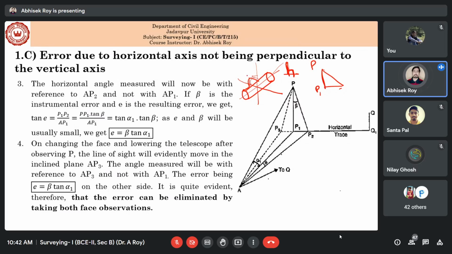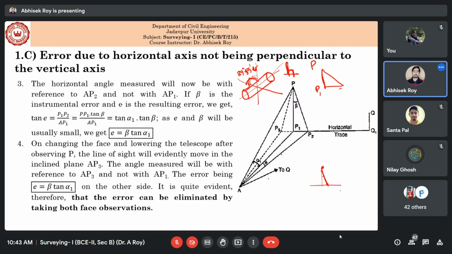But if this angle is not 90 degree, if this angle is say 89 degree, 59 minute, 48 second, then obviously this will not make 90 degree. After bisecting P, if you are going down, it will not be perfectly 90 degree. It will follow a curved path.